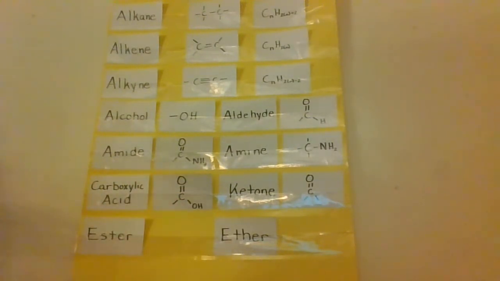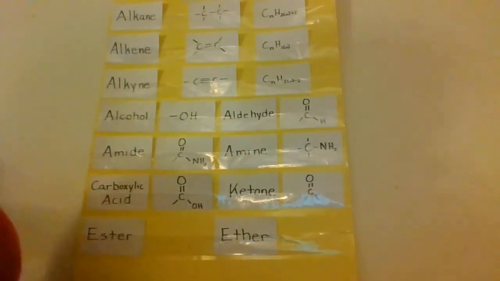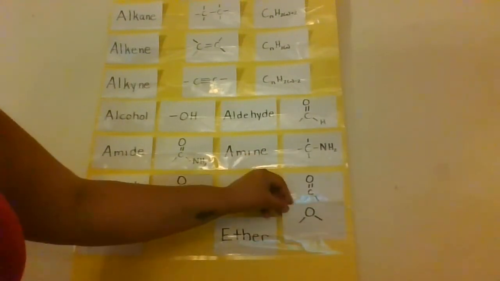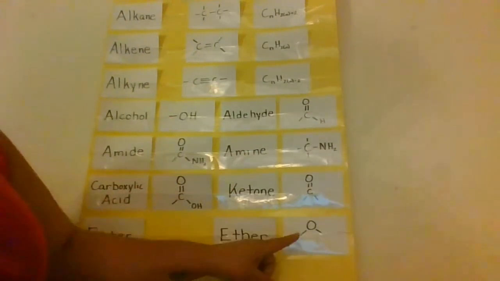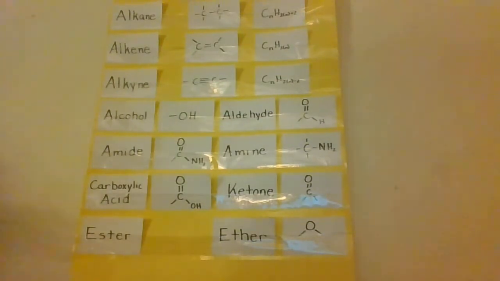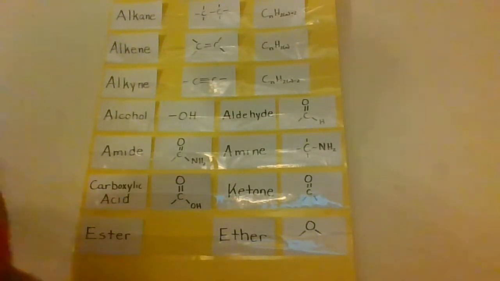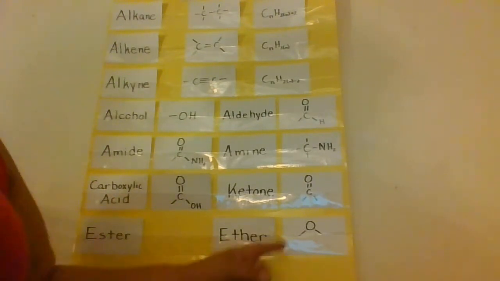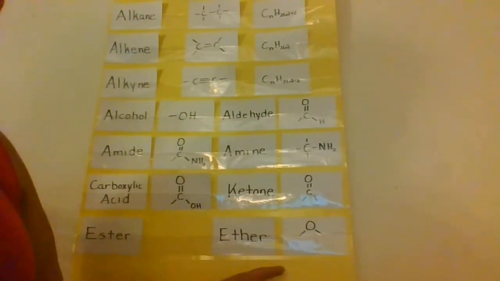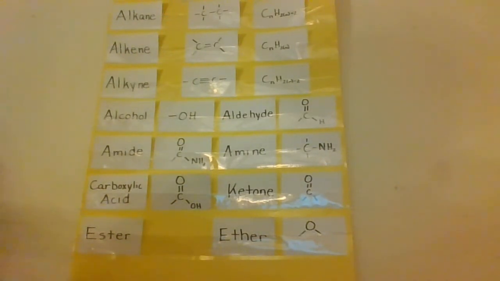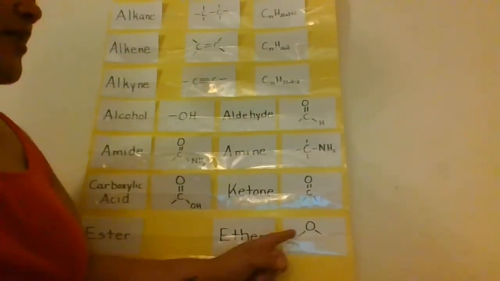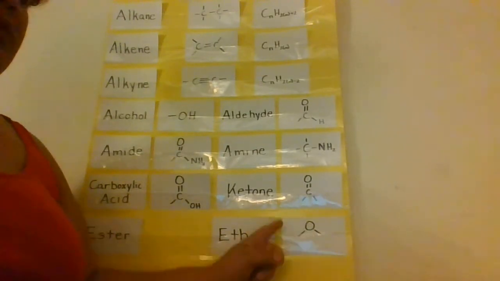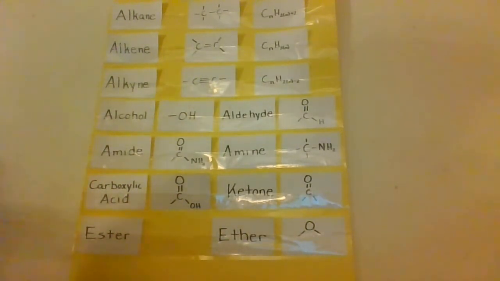Okay? Then we have ester and ether. To begin, we're going to look at ether. I like to tell everybody that the central atom is going to be an oxygen instead of a carbon. And it's going to have a run on either side. So just like the word either, there is a run on either side of that oxygen.